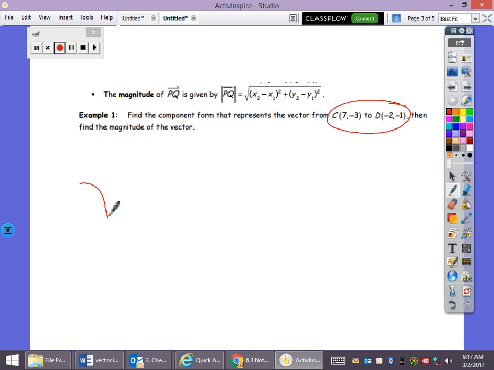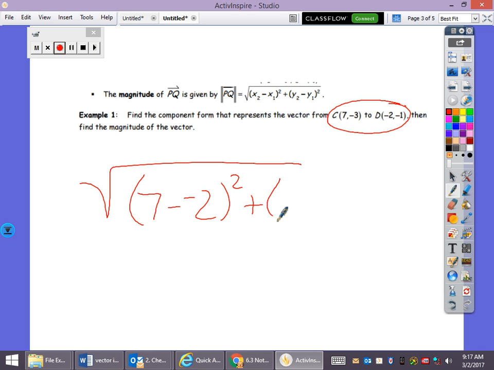Okay, so I have the square root of 7 minus a negative 2 squared plus negative 3 minus a negative 1 squared. Double negative means I'm really going to add.